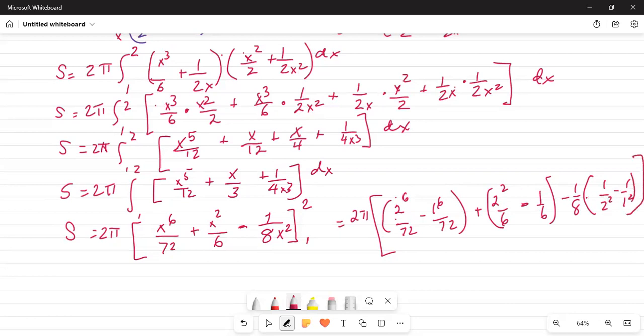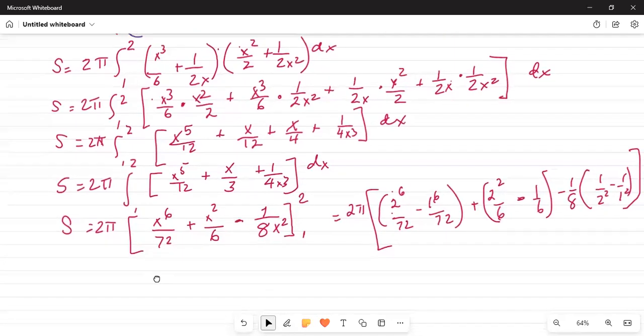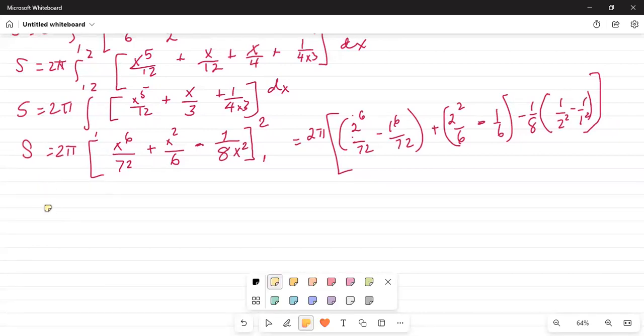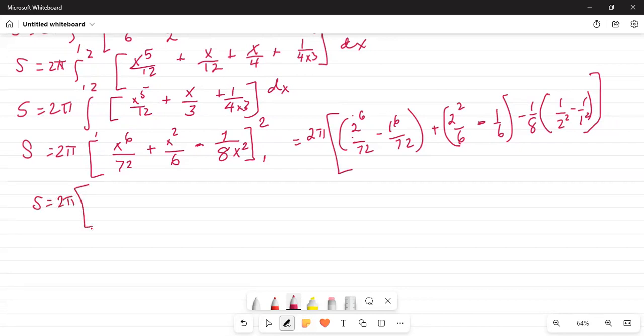Okay, so let me create some space for myself. S is equal to 2 pi, then 2 to the power of 6 over 72. Now 2 to the power of 6 is 64.